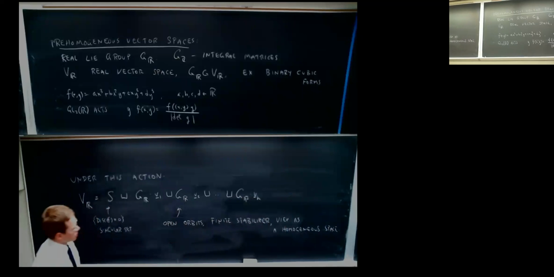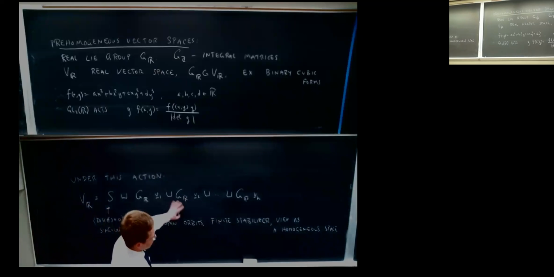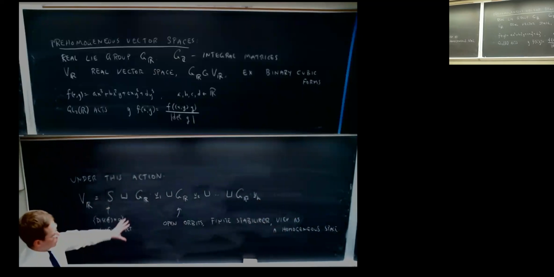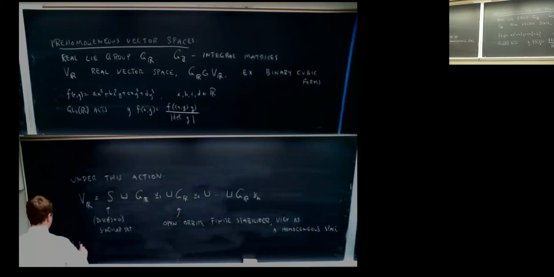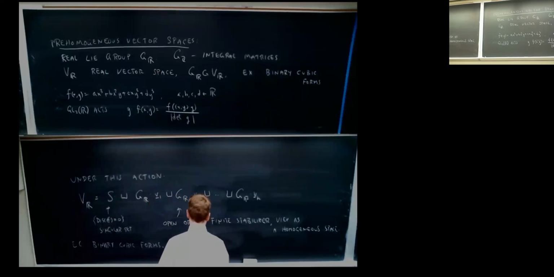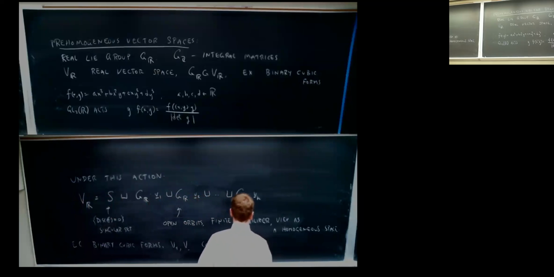There's a Cartesian structure on the vector space, but there will also be a set of homogeneous coordinates coming from the Lie group action. So you could view each orbit as a homogeneous space and put homogeneous coordinates on the space. For example, for binary cubic forms, there's a V plus and V minus corresponding to plus and minus discriminant.